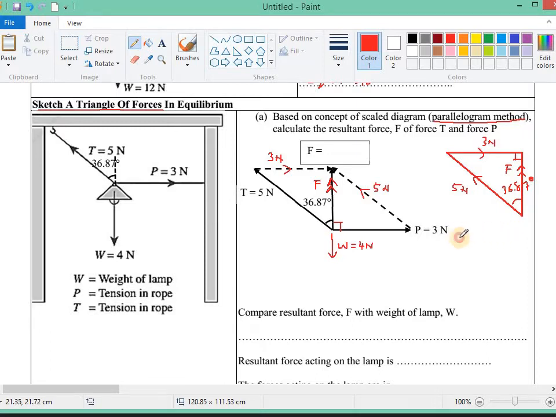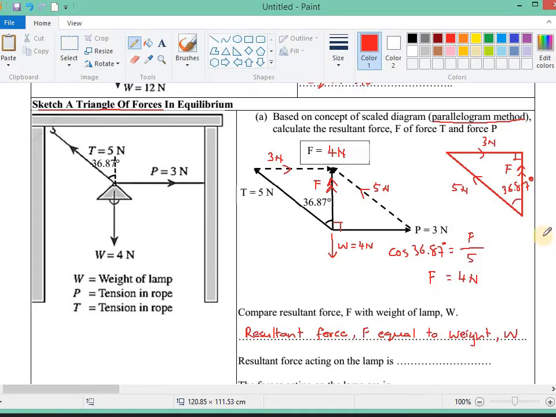So cos 36.87 degree equals F over 5 Newton. So F is equal to, after we calculate, the resultant force is 4 Newton.